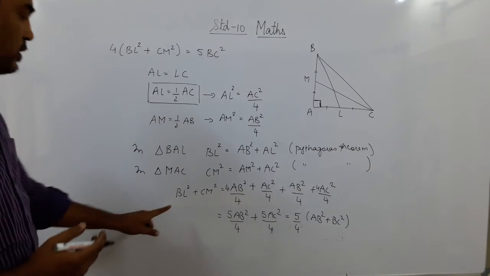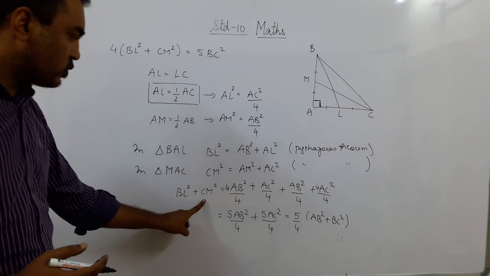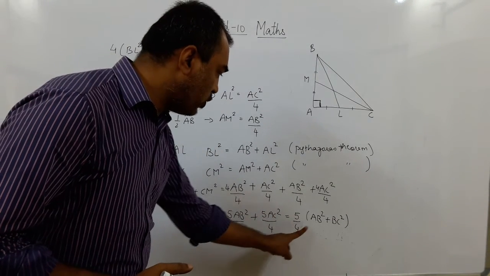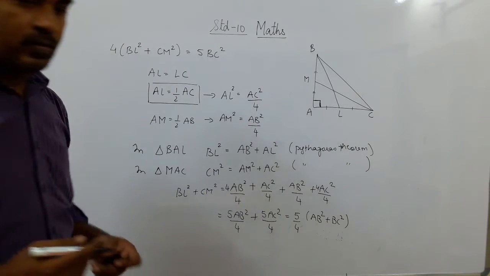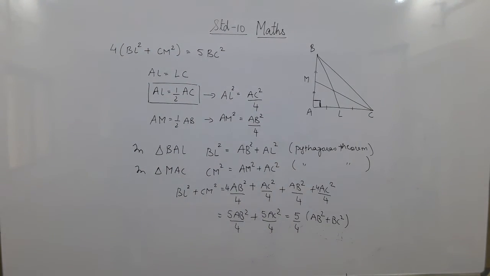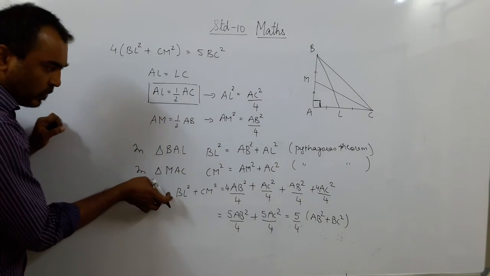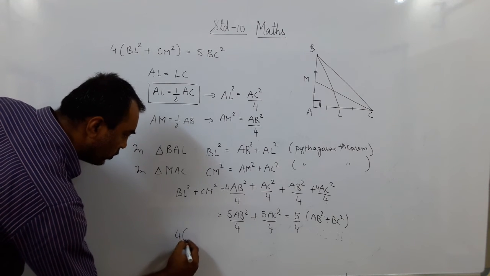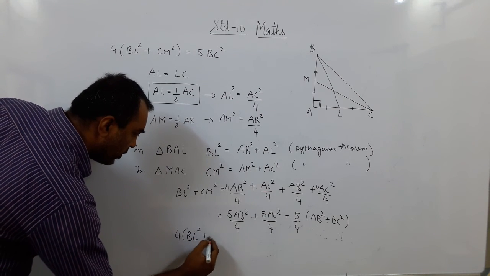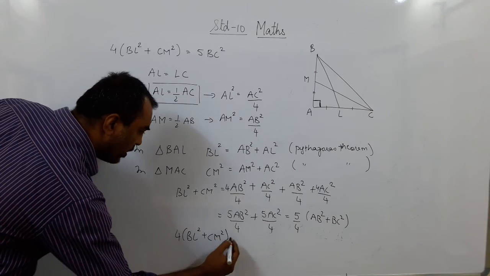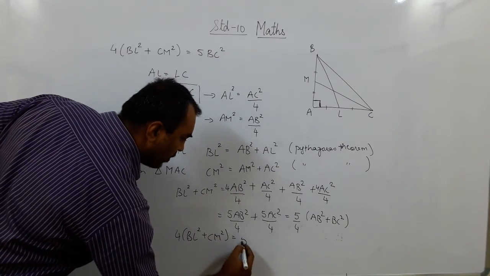Is it clear till here? So I got BL square plus CM square equals 5 upon 4 times AB square plus AC square. I hope you are able to see the board clearly, right? Now this 4 is in the denominator, so I take it into the numerator. So I get 4 into BL square plus CM square equals 5.